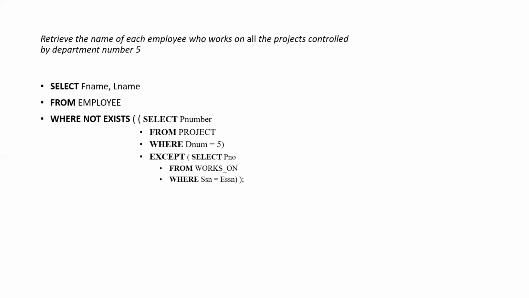The second subquery selects the project numbers in which a person is working. So if the first subquery minus the second subquery is empty, that means the employee works on all the projects controlled by department number 5, so that employee is selected.